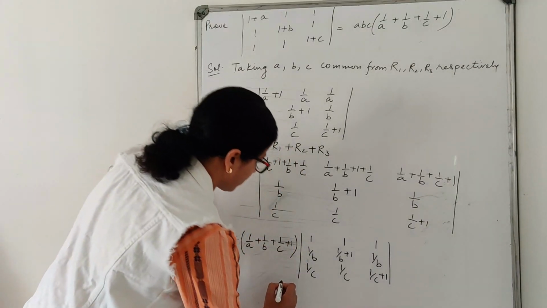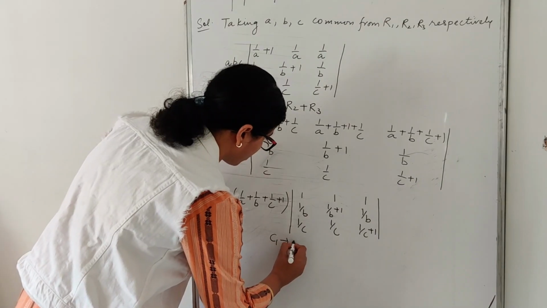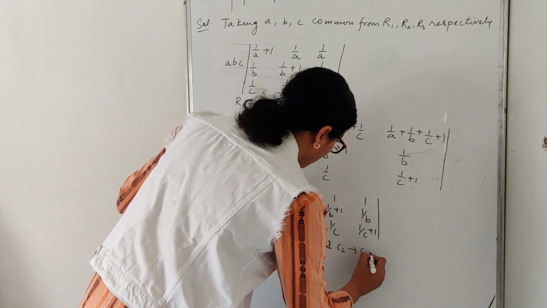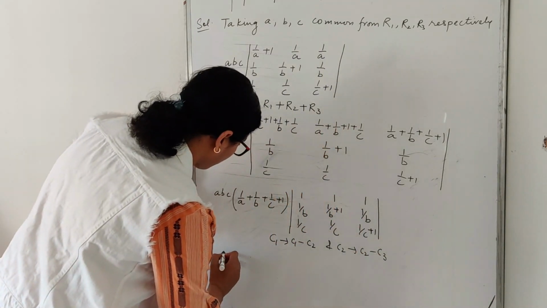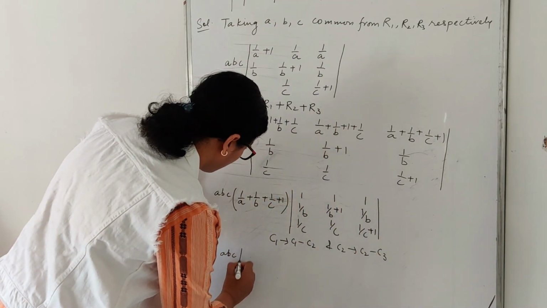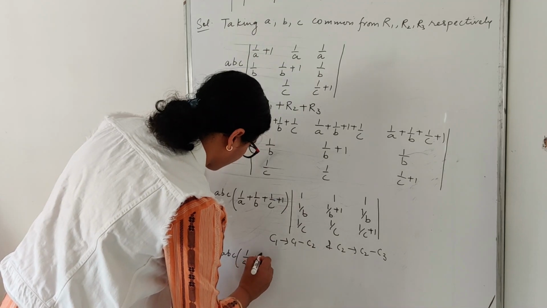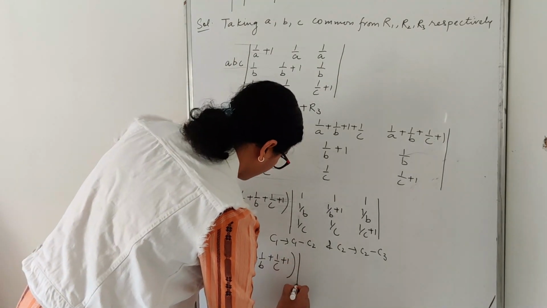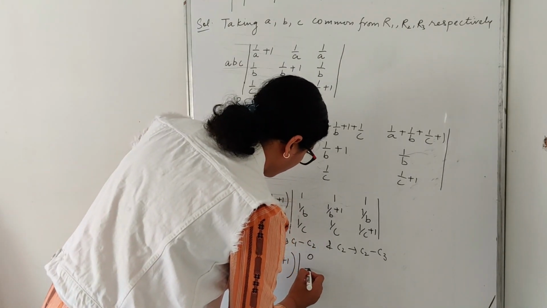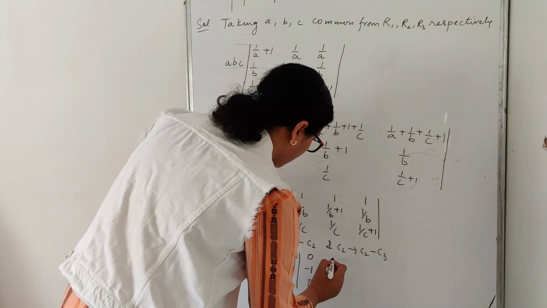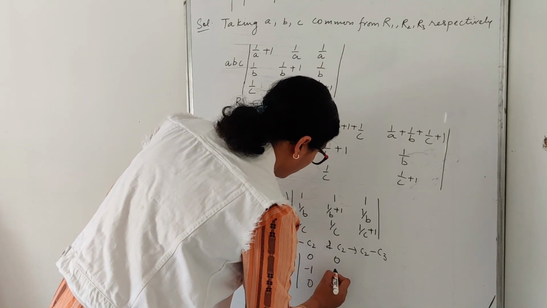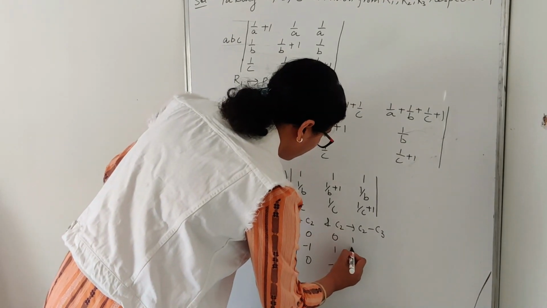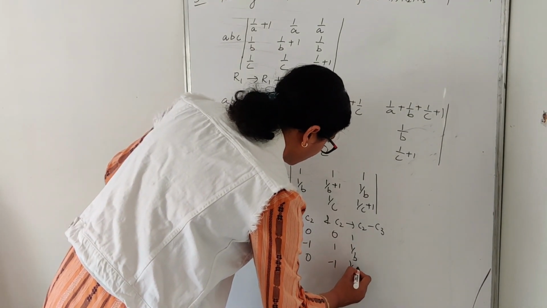So what I am going to do, C1 tends to C1 minus C2 and C2 tends to C2 minus C3, right? So basically I am getting ABC, zero, minus 1, 0, 0, 1, minus 1, 1, 1 by B, 1 by C plus 1.